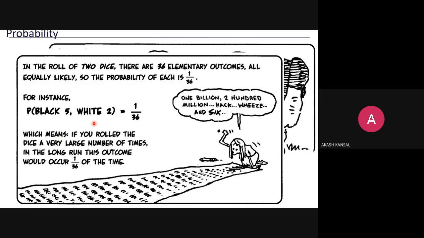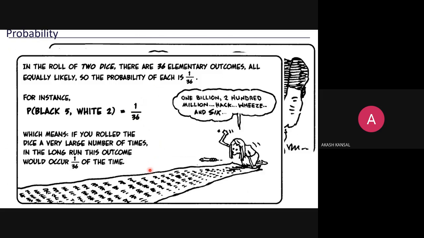Now, what probability actually means. If I were to roll the pair of dice a large number of times, let's say 1,000 times or 1 lakh times, let's pick 3,600 times.